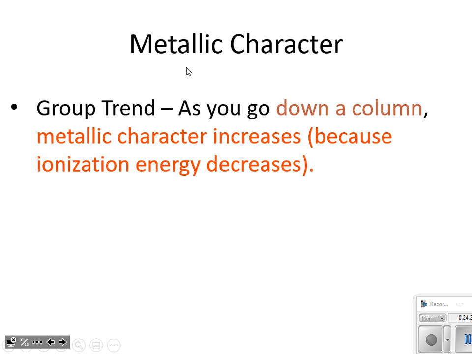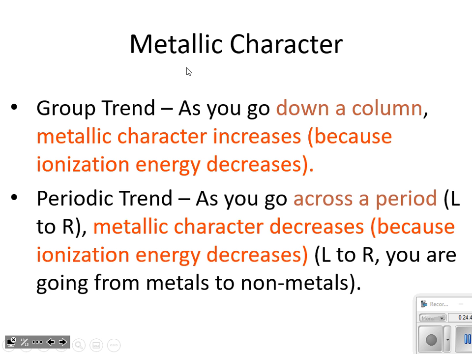So as a group trend, going up and down on our periodic table, as you go down a column, the metallic character increases. Our periodic trend, as we go across the period, metallic character decreases.